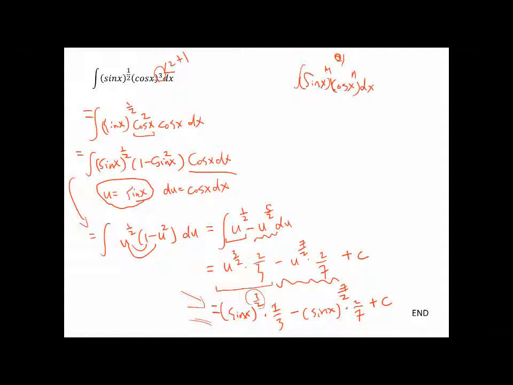So as long as I see a positive odd number, I don't worry who carries it. I know I'm going to separate the odd number into an even plus 1, right? For example, here I separate into 2 plus 1.